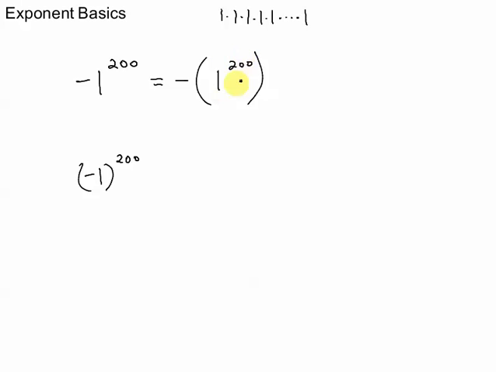So 1 to the 200 is 1, but you got the negative in the front, so it's negative 1 in this case. Down here, you multiply negative 1 times itself 200 times. There's an even number of negatives, so it's going to be a positive answer. And 1 times itself 200 times is positive 1, so you end up with positive 1. Okay, so 1 can be tricky when you raise it to a power.